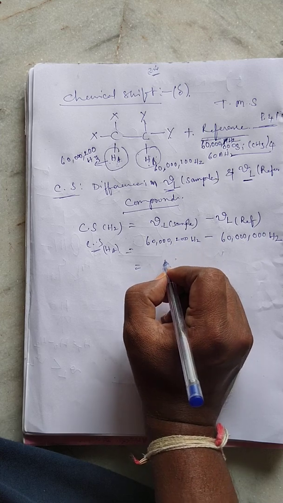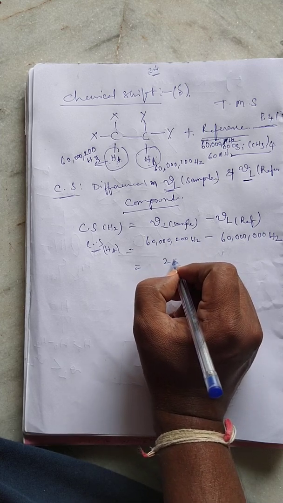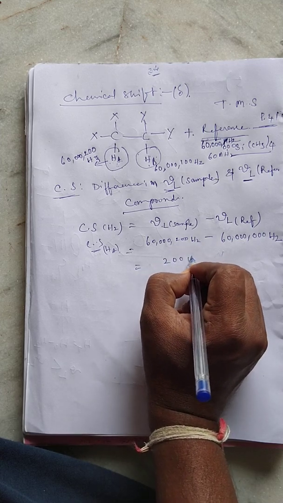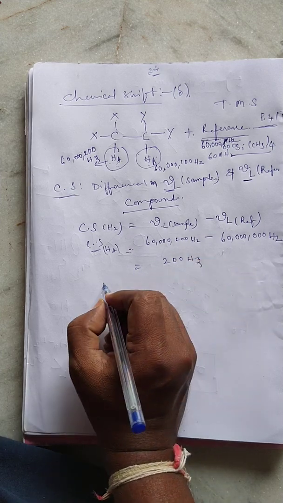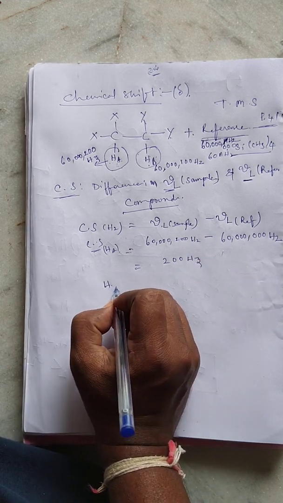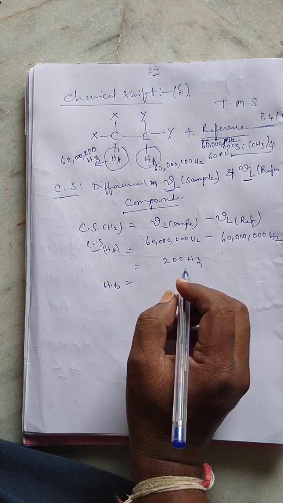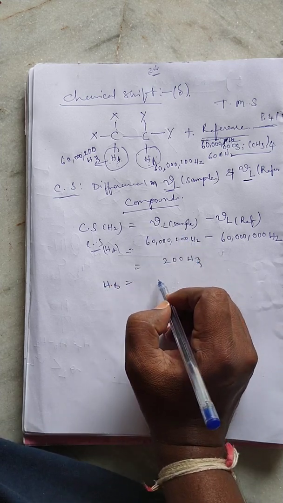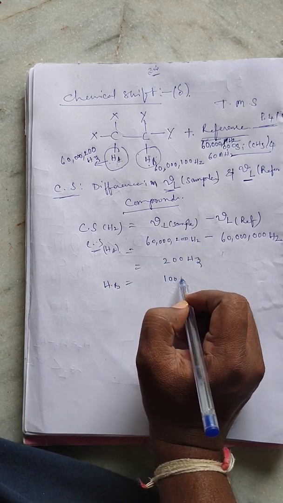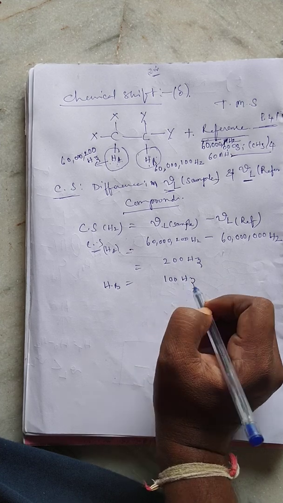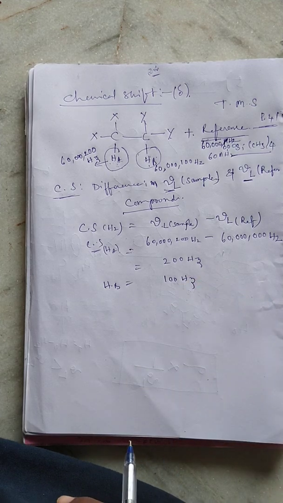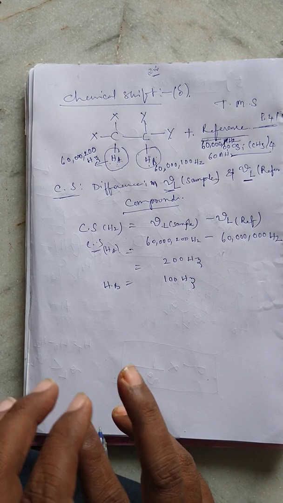So the difference is 200 hertz, and for the HB proton, if you calculate, you are going to get 100 hertz, right?